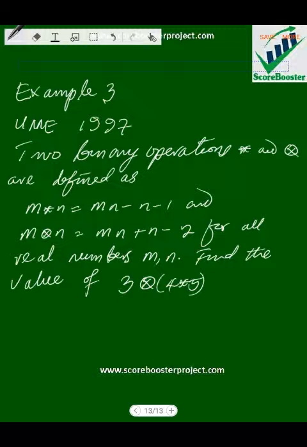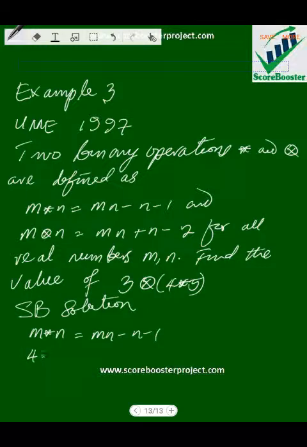So our score booster solution goes thus. Start with what is in the bracket. Before that, let me write the formula for star: m star n is equals to mn minus n minus 1. Now I want to work out what is in the bracket first.